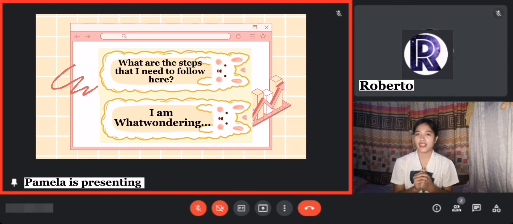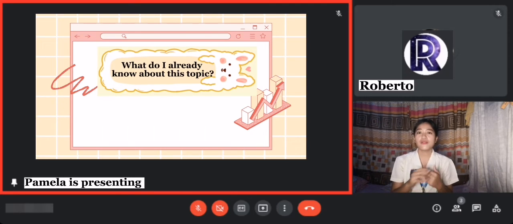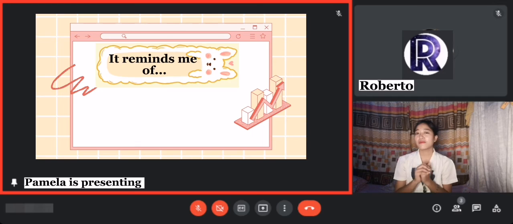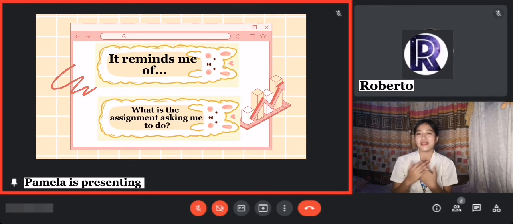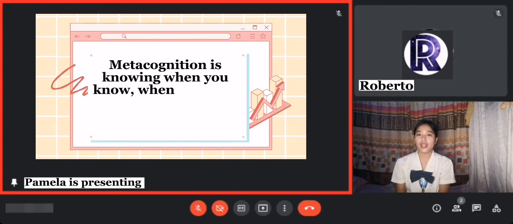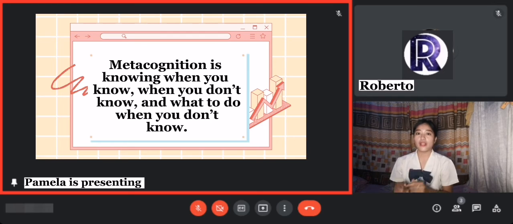I am wondering, what do I already know about this topic? Where did I get stuck when trying to solve this problem? It reminds me of, what is the assignment asking me to do? I am figuring out. Metacognition is knowing when you don't know, and what to do when you don't know.